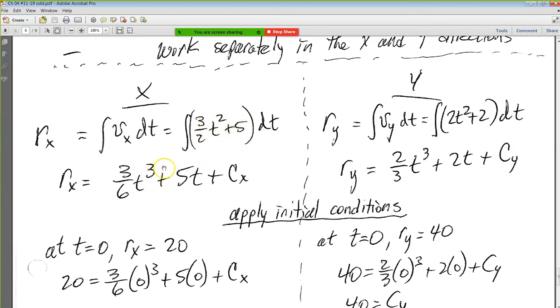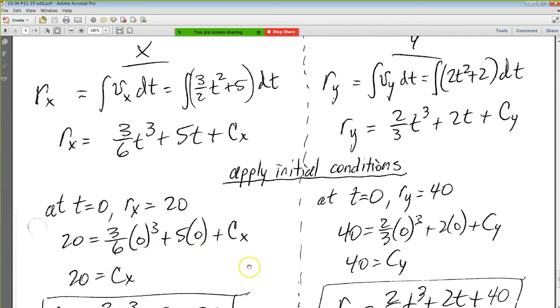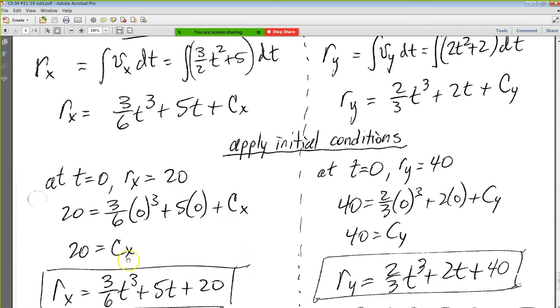And so here you can see my power of 2 raises to the power of 3. And when I multiply 3 times 3 over 6, I get 3 over 2. Likewise, my integral of 5 is 5t. And again, I have this constant of integration. So I apply my initial conditions. Here they are. At time equals 0, plug in 0 for t. The position is 20 in the x, so that solves for cx is 20.